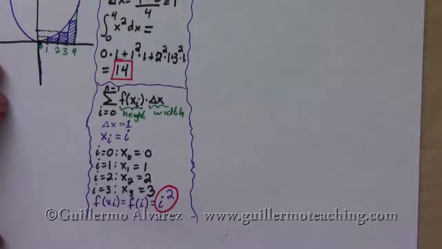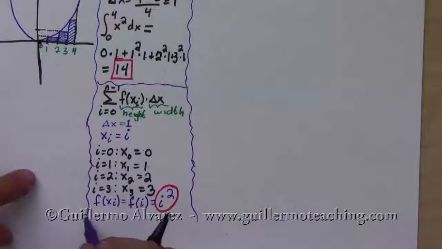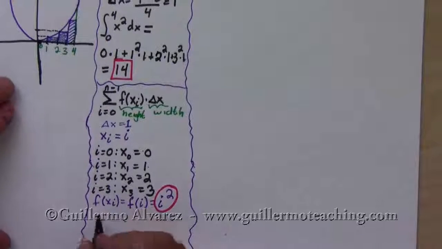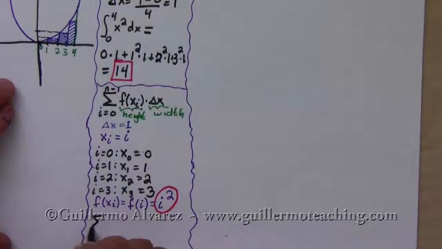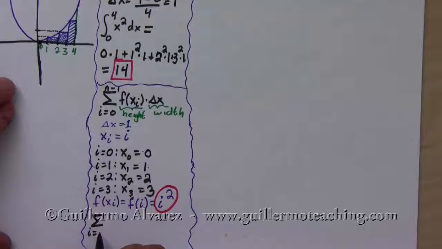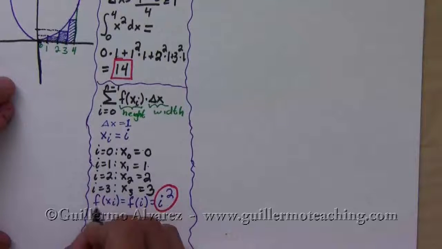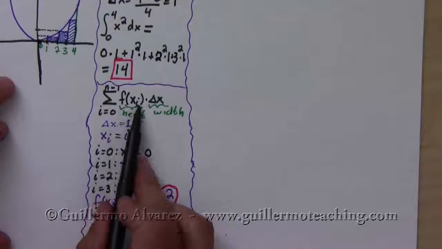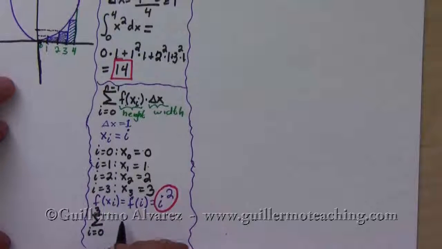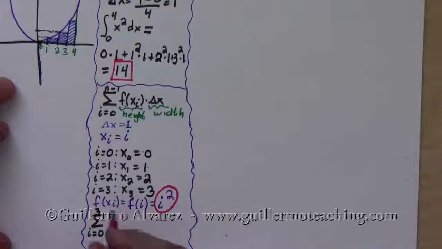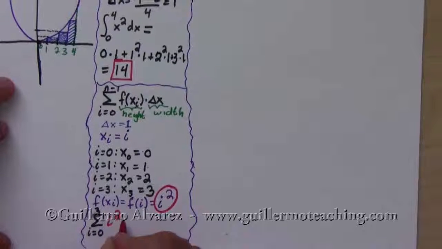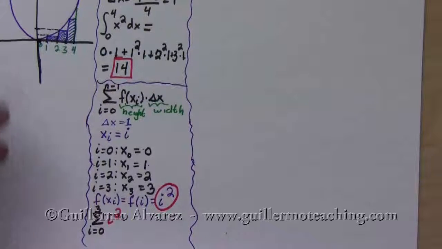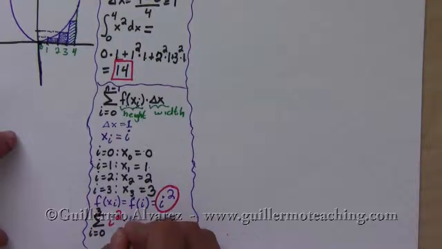And so then the left-hand approximation is going to be the sum from 0 to n minus 1, which is 3, of f of x sub i. Well, we just talked about that. That's going to be this guy right here, i squared, times delta x, which is simply 1.